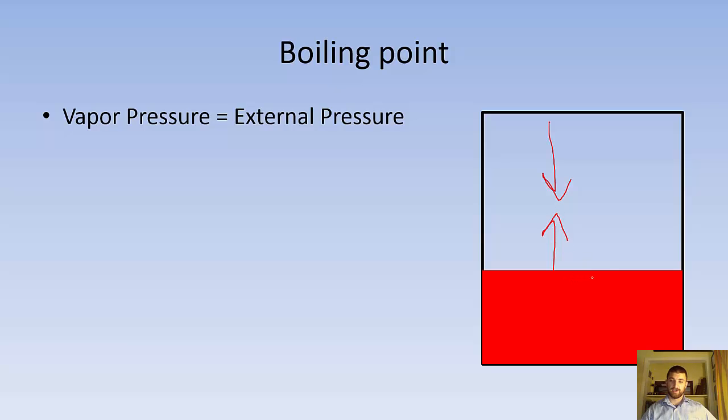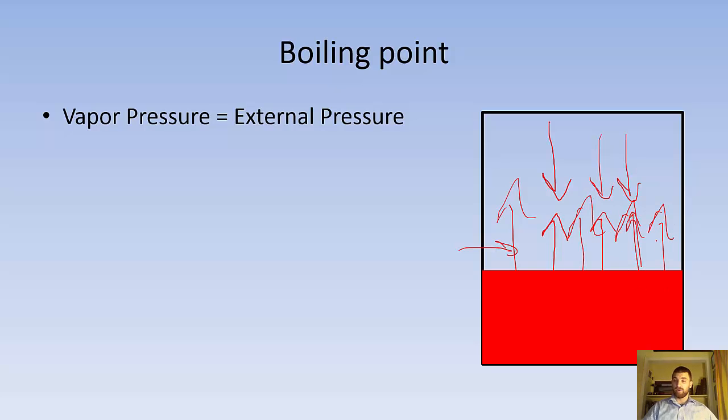We have particles that are trying to become vapor, and we have the external force, which is kind of pushing them back in, right? Once the vapor pressure is equal to the external pressure, all of those particles are going to want to turn into a gas at once. They've now turned the odds against the environment, and they can all go into the gas phase. So boiling is really just everything trying to evaporate at the same time.